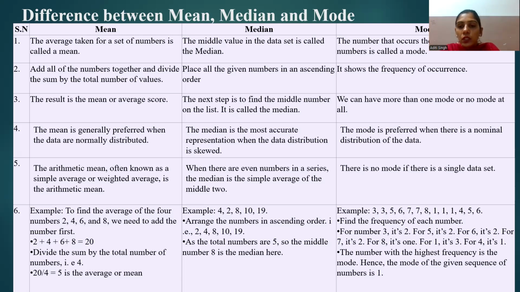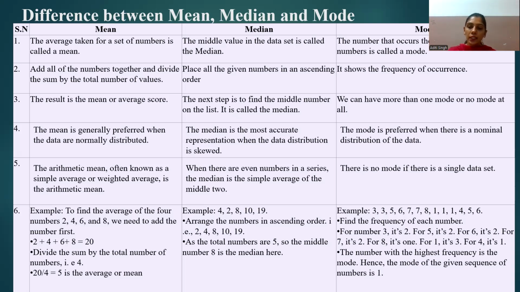So now mode. Basically, the mode is preferred where there is a nominal distribution of data. This nominal distribution of data we have earlier also discussed. Nominal distribution means when the data type represents categories.